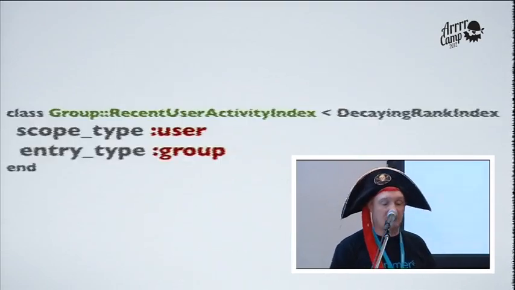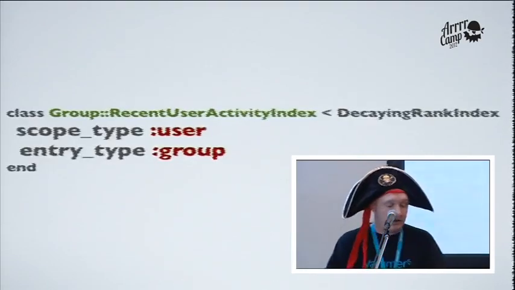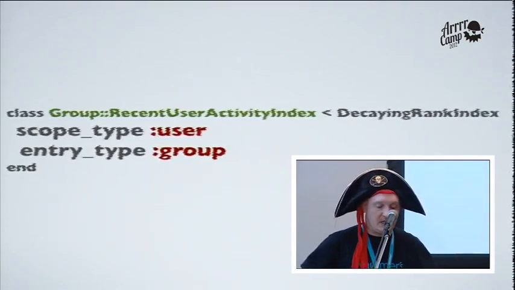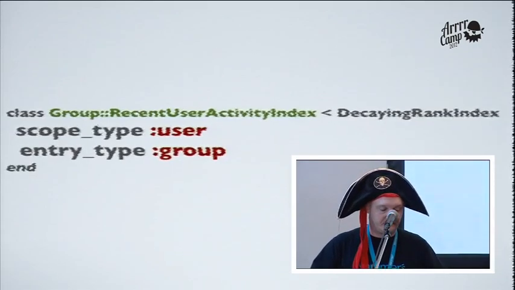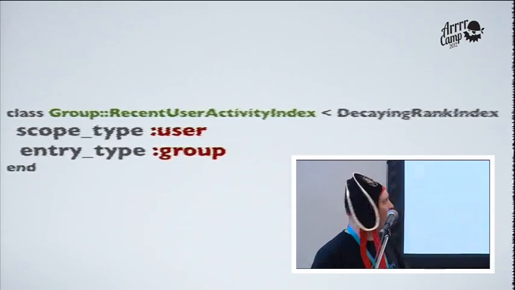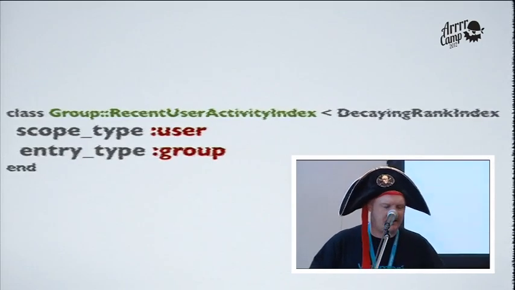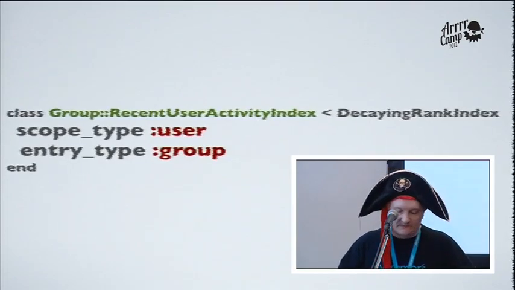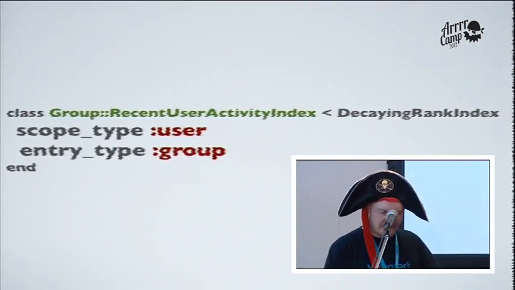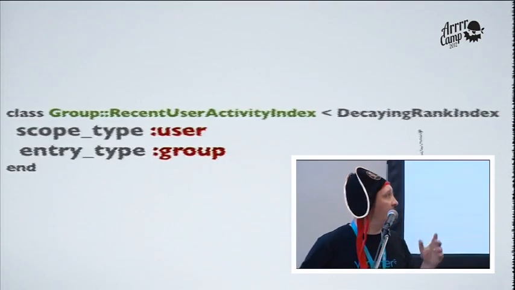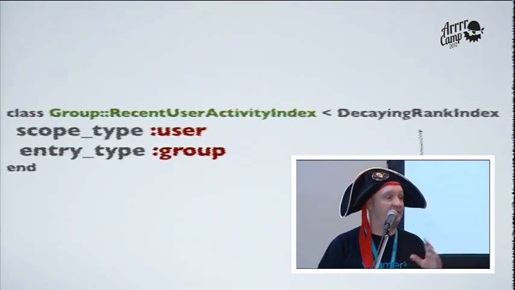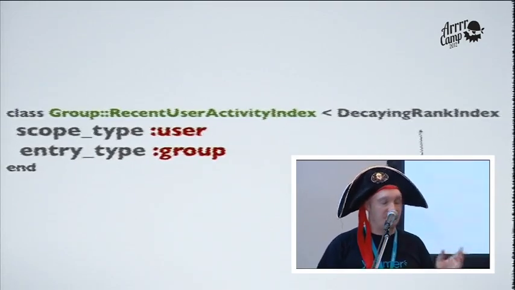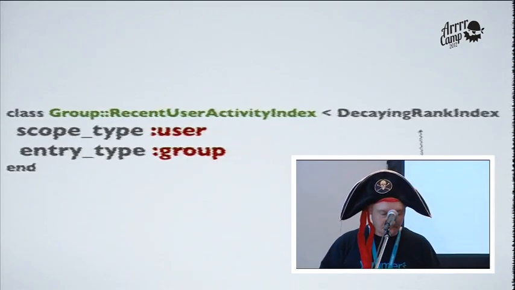Well, enough of explanation, let's have some code. What we want is to create a new Prunky index to follow the user activity in groups. For that, we create this weird name, group recent user activity index, which basically inherits from the decaying rank index. The decaying rank index is simply a service adapter which handles all the communication, HTTP and JSON, between the Rails application and the Prunky service.